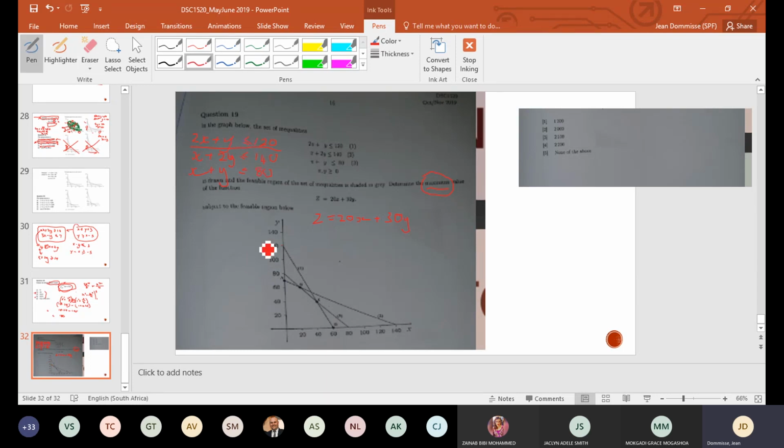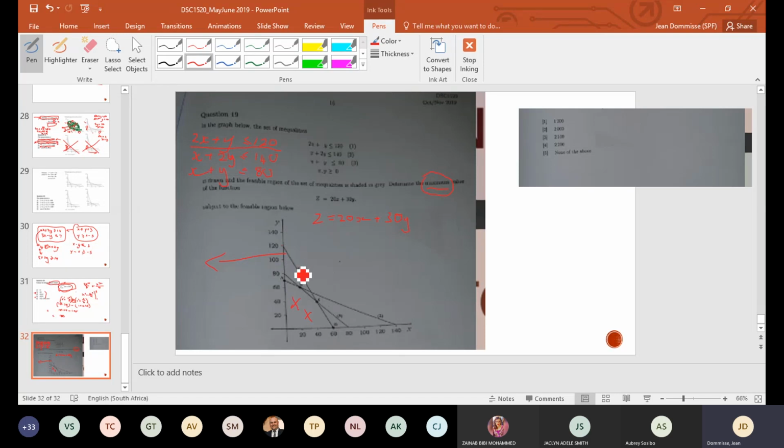So all is smaller, so it is smaller, smaller, and smaller. So we're actually working with this area, because it needs to be smaller than all of those lines.